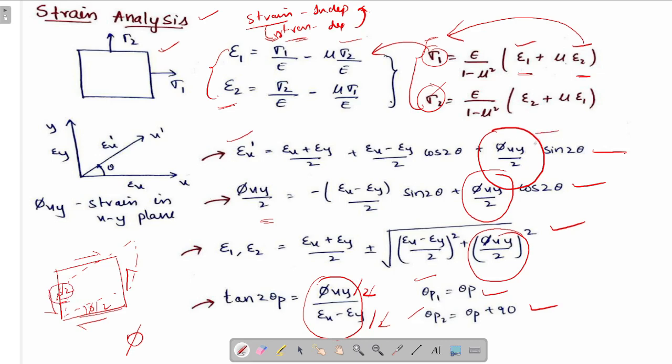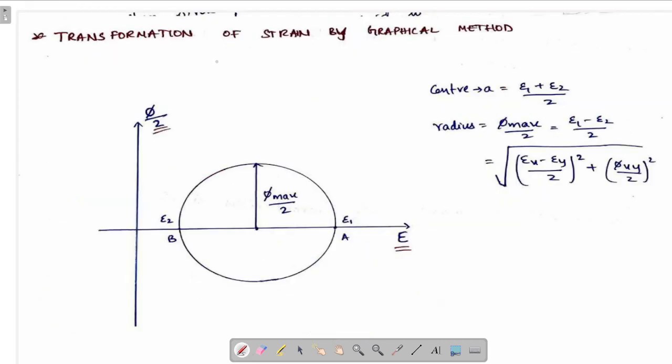In the graphical method also it is almost the same, but instead of taking tau on the y-axis, we will be taking gamma by 2 on the y-axis, and on the x-axis it will be epsilon only, the normal strain. So in many exams they will be asking questions like what is the radius.